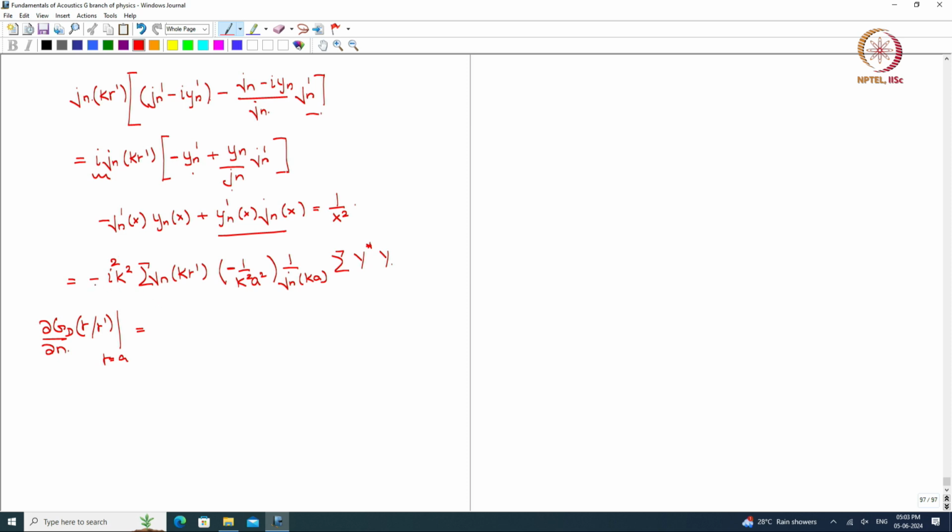So I have i squared into minus 1 is 1, then I have a minus and then k squared goes, so I have minus 1 over a squared summation n going from 0 to infinity Jn(kr') by Jn(ka), then summation m equal to minus n to n Y*mn(θ', φ') Ymn(θ, φ).